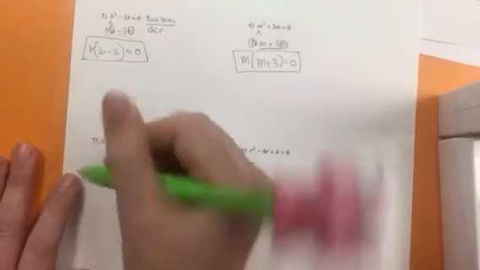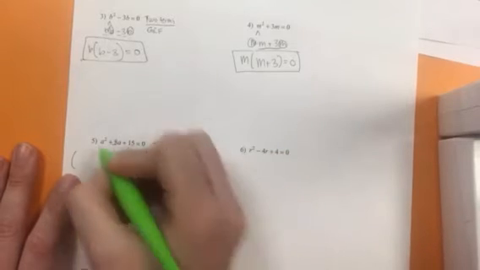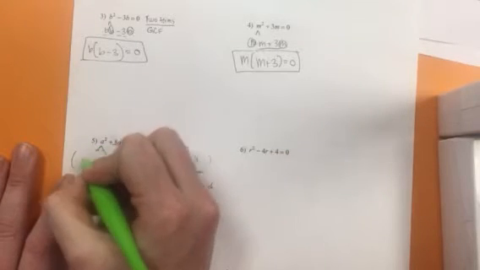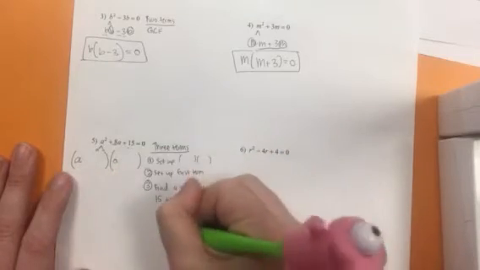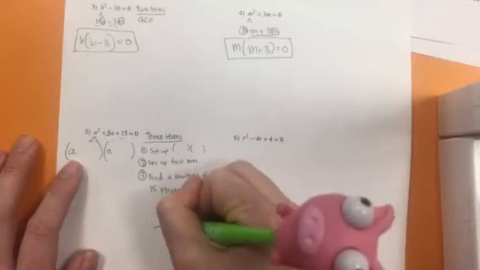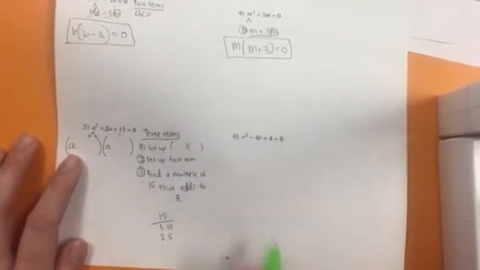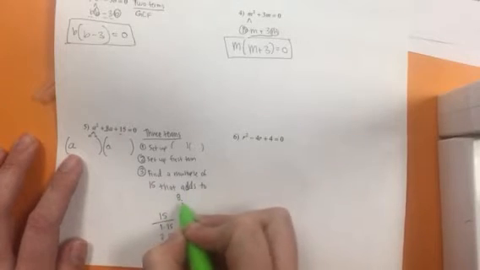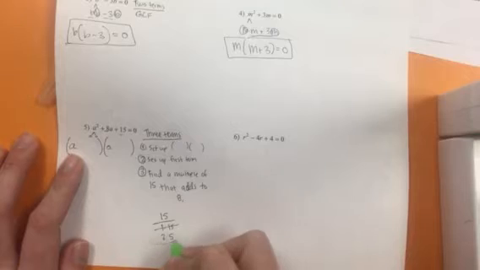So let's check. I set up my factors first. I set up my first term, which means a and a go to the front. Multiples of 15, let's check. Multiples of 15. 1 times 15, 3 times 5. Now I want to check which one adds up to 8. 1 and 15 make 16, 3 and 5 make 8.